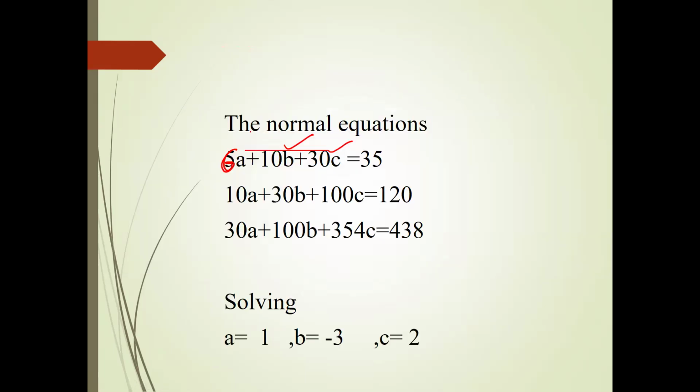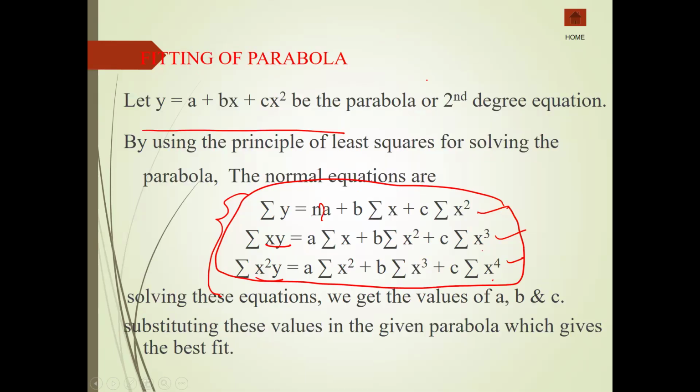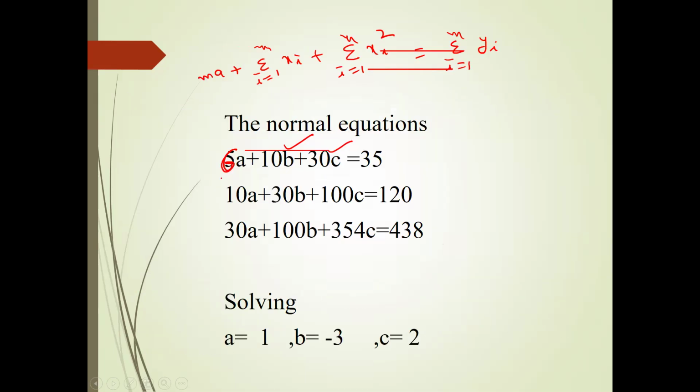So ma plus sigma xi plus sigma xi square is equal to the summation of yi. This is the first equation. So 6a plus 10b plus 30c is equal to 35.